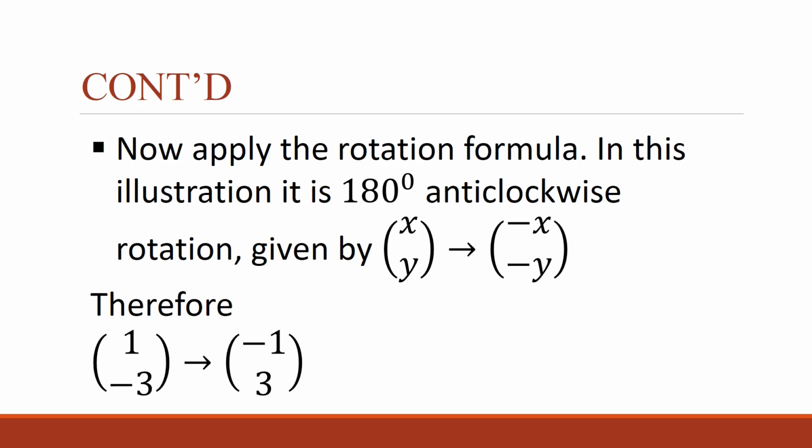Therefore, if I'm rotating (1, -3), which was obtained by subtracting the center of rotation, about 180 degrees anticlockwise, it means that we'll negate both the x coordinate and the y coordinate, and that will produce (-1, 3). Remember that 3 was already negative, so negating it again will make it positive.